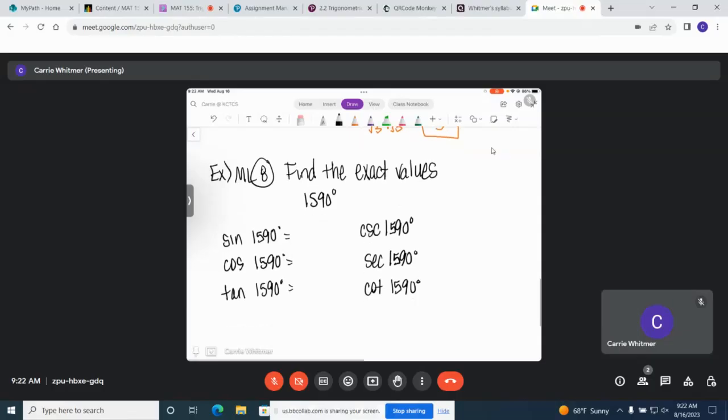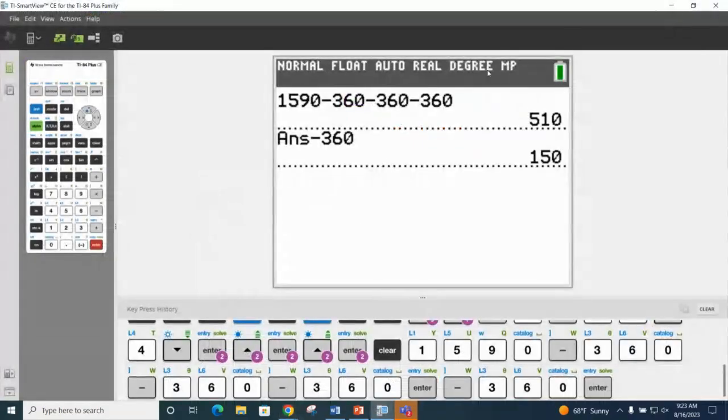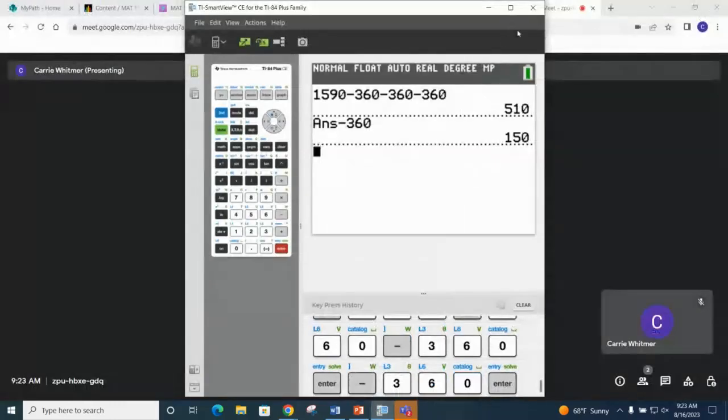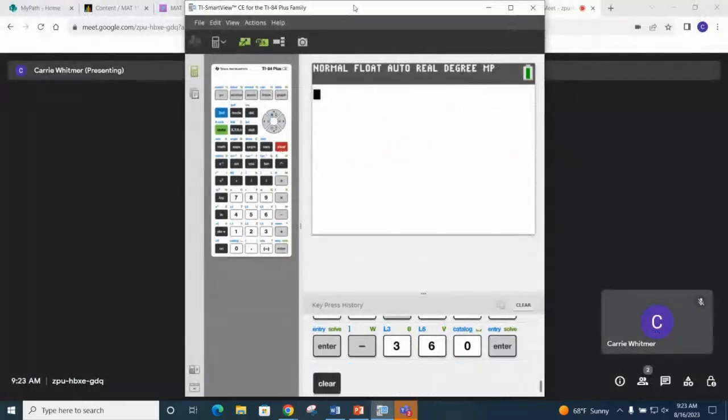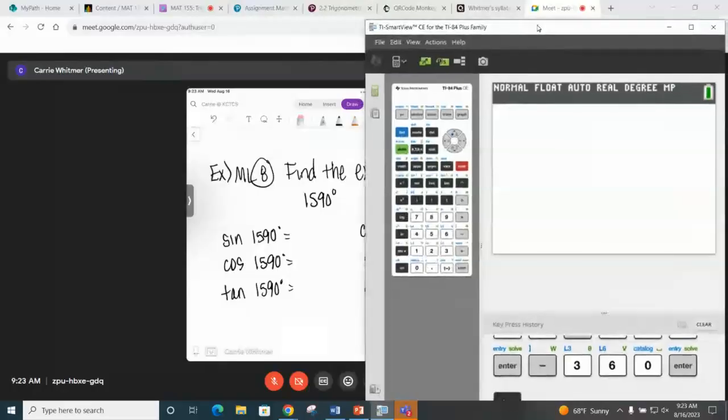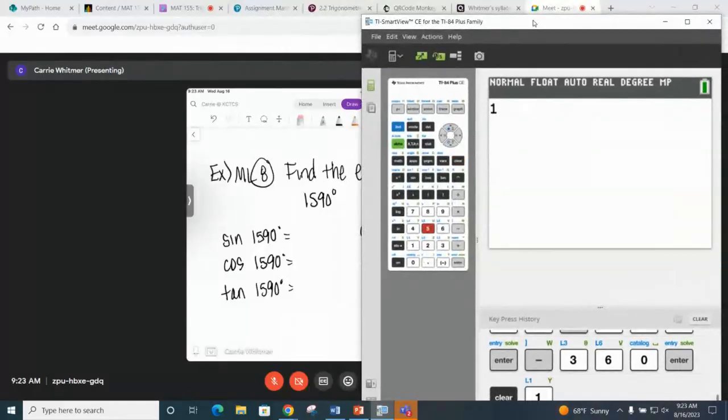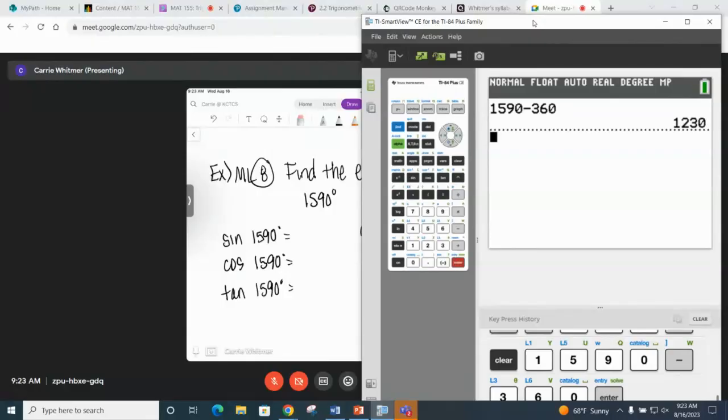Okay, so first of all, 1590 is outside of our 0 to 360. So I'm definitely going to need to find a coterminal angle. So I want to subtract 360. But obviously subtracting 360 is still going to be too large of a number. So I'm going to do that several times.